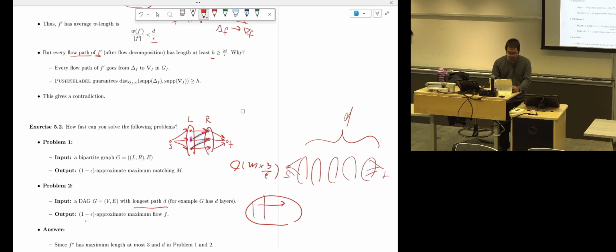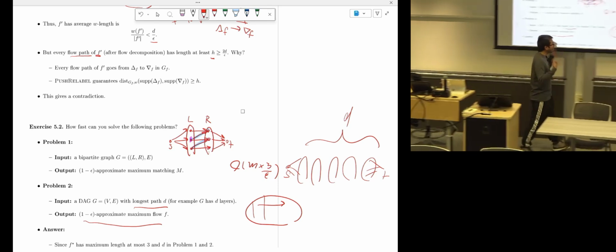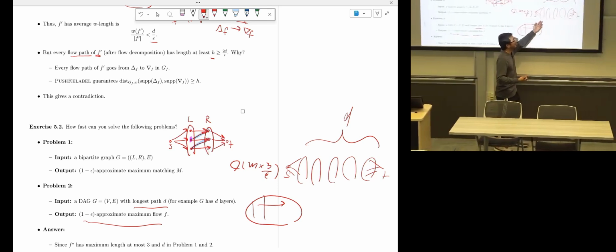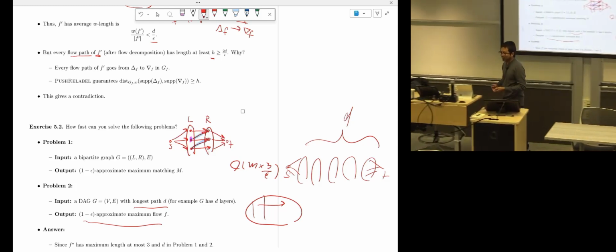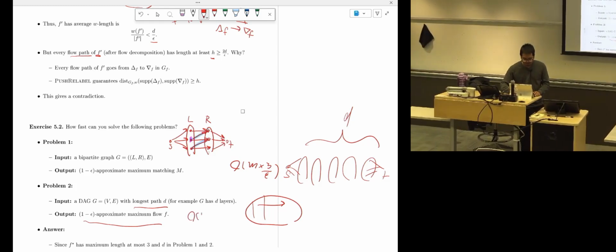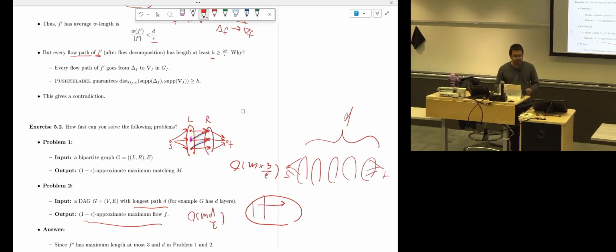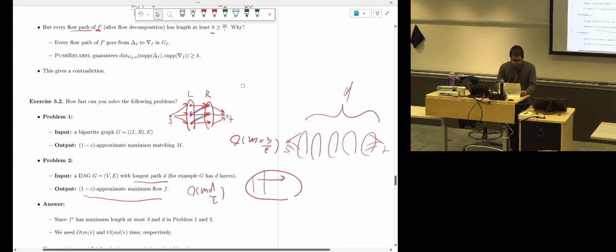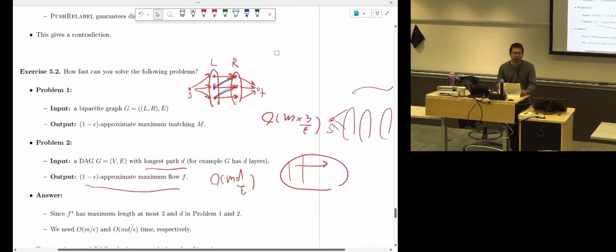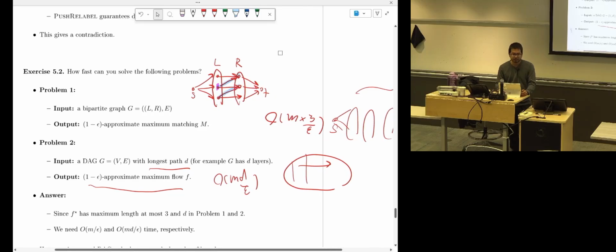Then you can find an approximate max flow again, because any flow has average length at most D. So the max flow has average length at most D, and you can solve this in m D over epsilon time. Some graphs actually have a small number of layers, so you can solve these two problems fast if D is small.